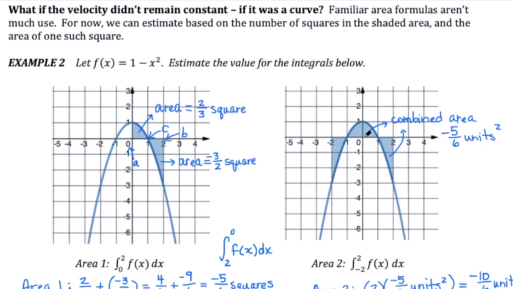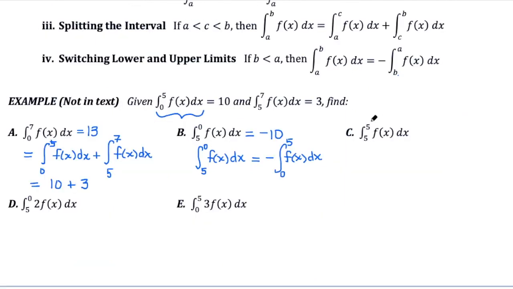If I start at 0 and end at 1, I understand that I'm computing this area. If I start at 0 and I end at 0, how much area exists? The answer should strike you as being 0 because you haven't got any width to your shape. Therefore, whenever your upper and lower limits are the same, the value of your integral will be 0.